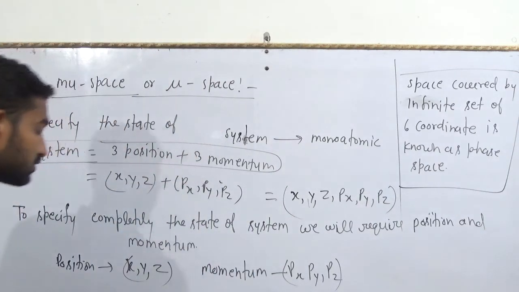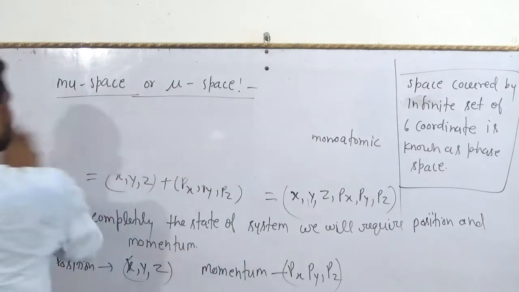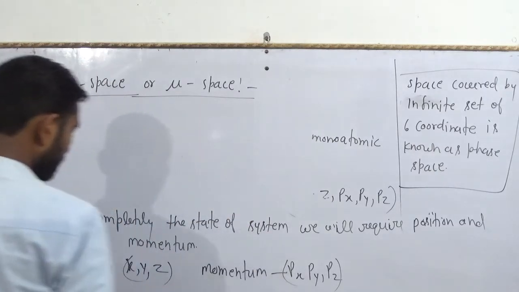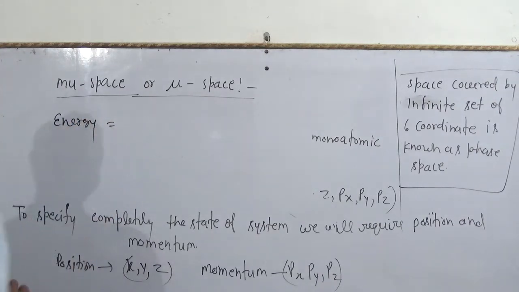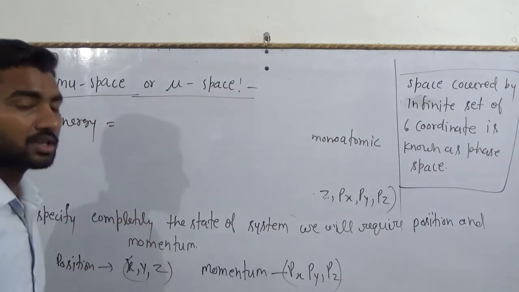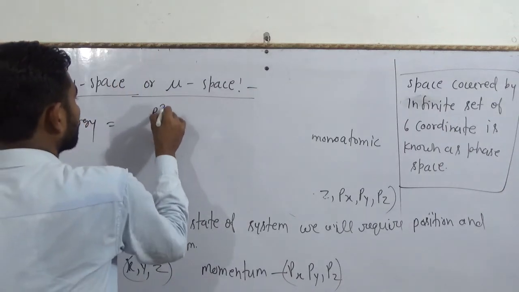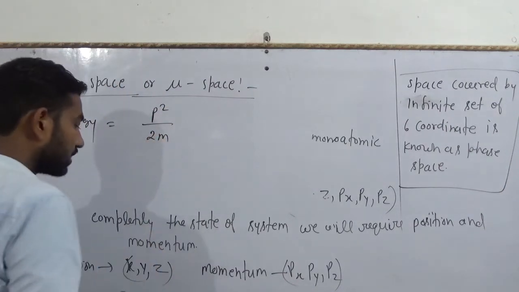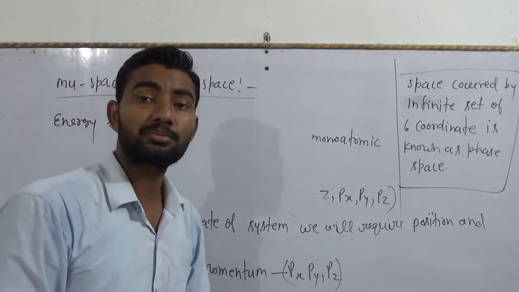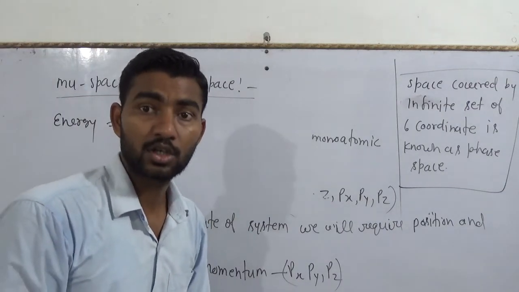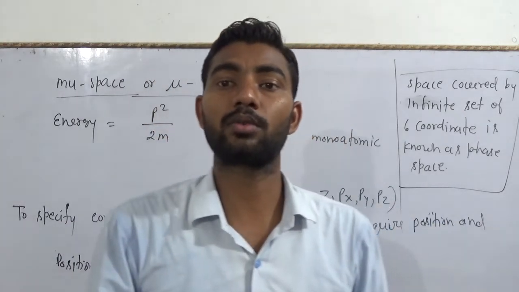Here also we can say a very important concept. Since we know that energy may be represented in the form of momentum, what will be the formula? The formula is energy is equal to P square by 2m, where P is linear momentum. So we can say energy may be represented in the form of momentum.